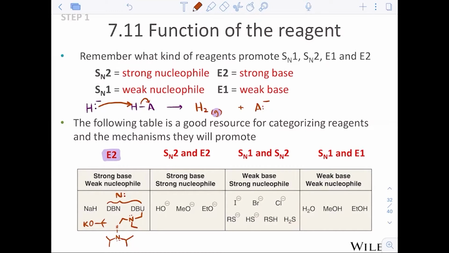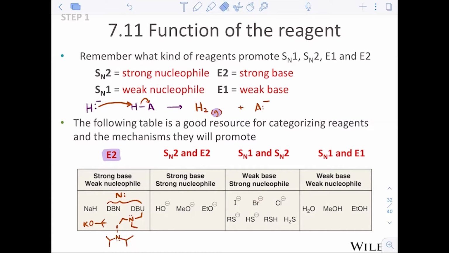Nitrogen is a great base. Nitrogen will not substitute. It's a weak nucleophile primarily because we put such big carbon groups on it. However, nitrogen is a great base because it's so electropositive. It doesn't like to keep that lone pair, and it is relatively stable with a positive charge as a conjugate acid.